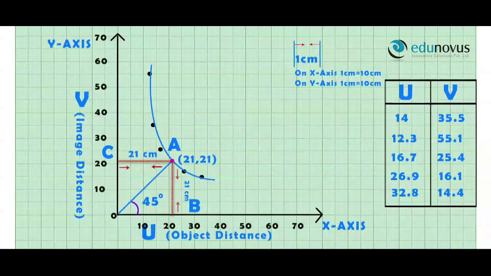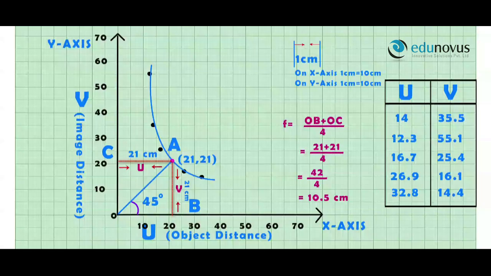The values of AB and AC are the same, each being equal to 2f. Therefore, f is equal to (OB plus OC) by 4, which is (21 plus 21) by 4. Therefore, f is equal to 10.5 centimeters. Focal length of the convex lens from the u versus v graph, f is equal to 10.5 centimeters.